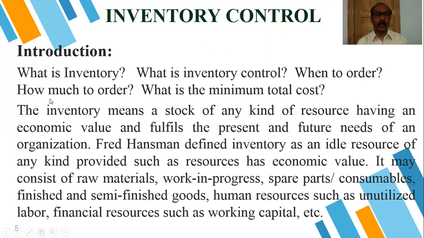When to order, how much to order, and what is the minimum cost. These two questions are the most important: how much to order or when to order. And always we have to think that we have to minimize the total cost. Total cost has parts that we will learn step by step.